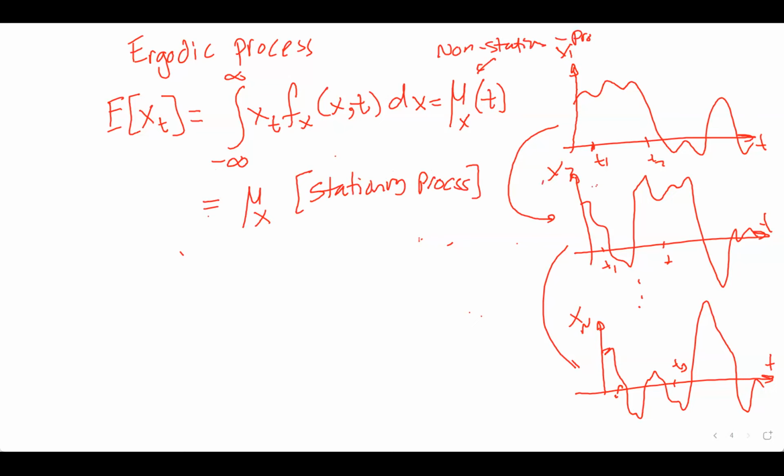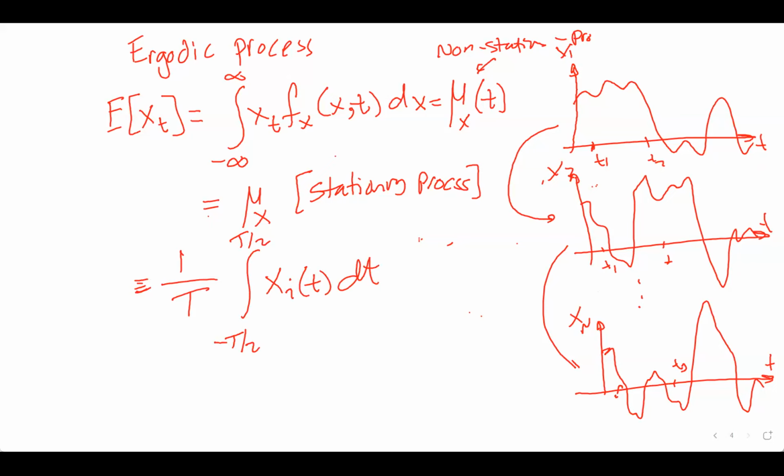The third case, the simplest case, says that if you take the expected value as 1 divided by time T, integration from minus T over 2 up to T over 2, of any of those, x1 or x2 or x3, so I will say xi of t dt.